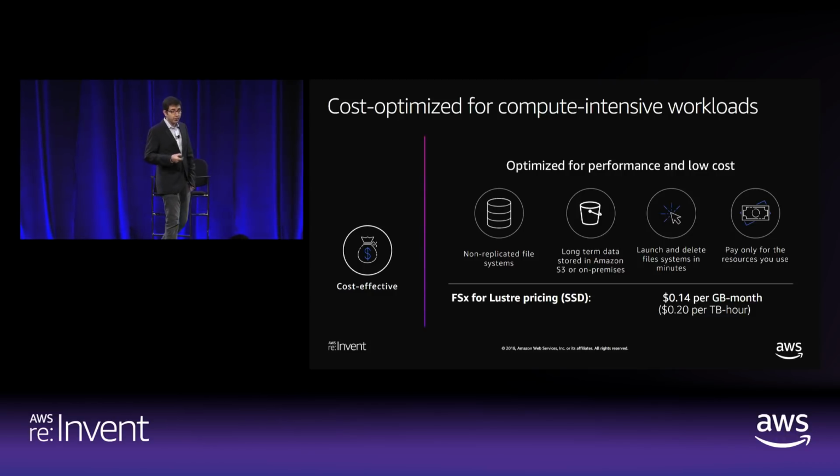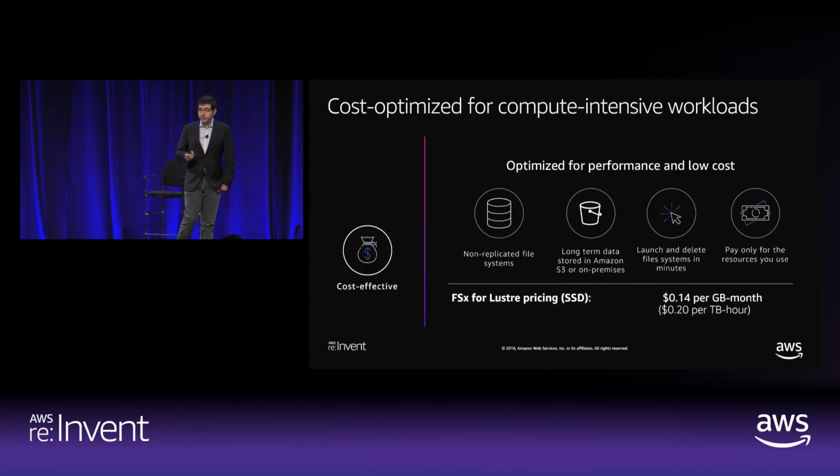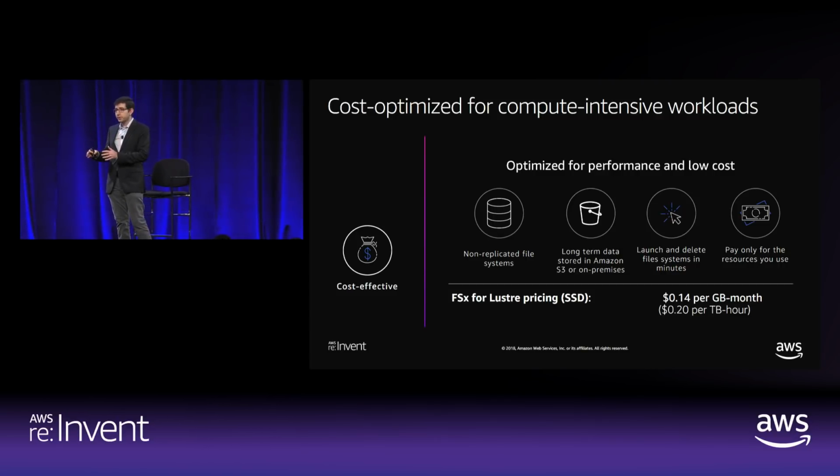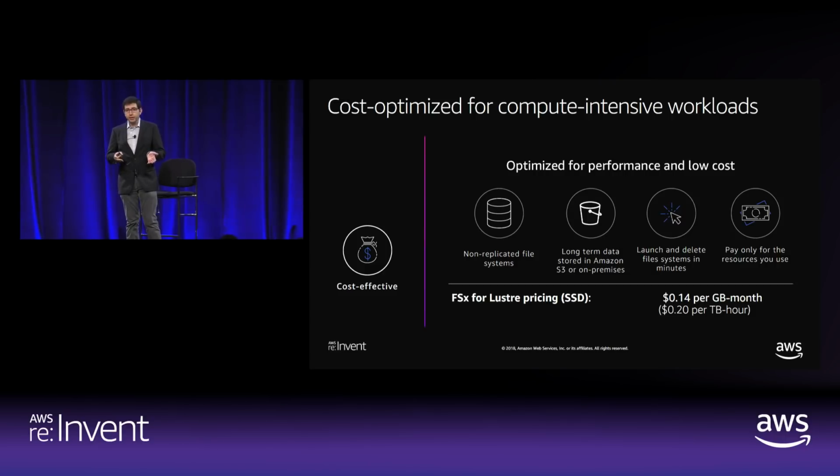And we've really cost optimized it for compute-intensive workloads. Your data on your Lustre file system is not replicated. The reason we're not replicating it is because it's designed for workflows where you have your durable data somewhere, and you spin up a file system that's around for hours, days, weeks, in some cases months.